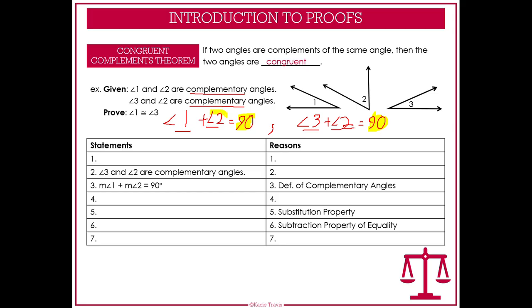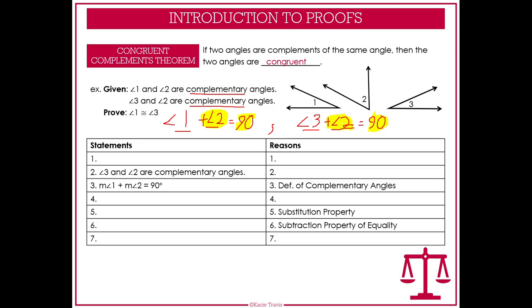And both of these have us adding the same angle, angle 2. If our sum is the same and the angle we're adding on both sides is the same, what could we say about angle 1 and 3? That they'd also need to be the same. So this is our game plan. We're going to work this out so we can make some sense of it.